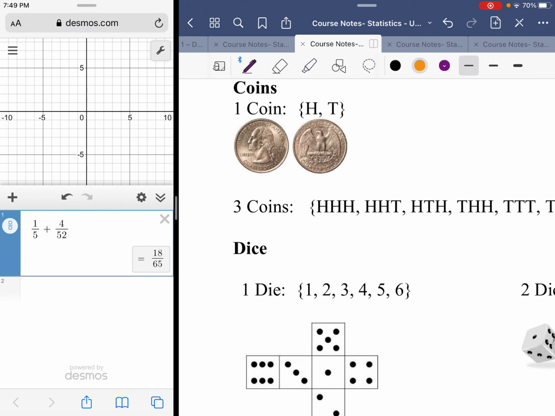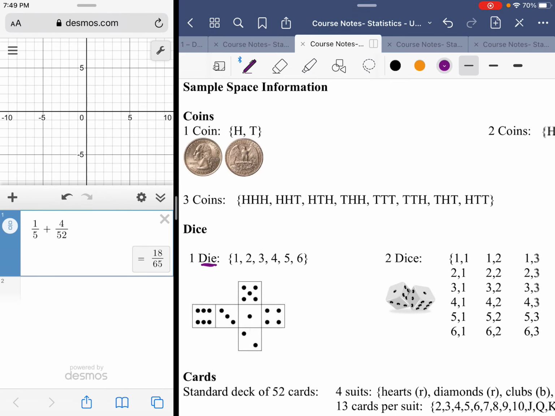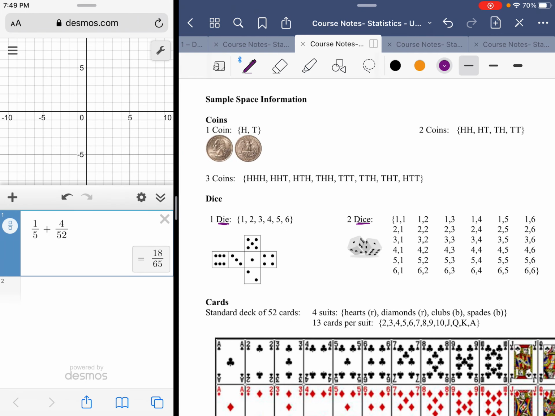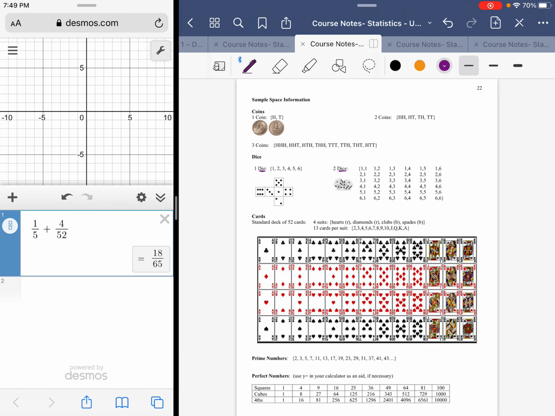I even screwed myself up on the whole plural of die. The singular is die, which sounds horrible, but the plural for die is dice. All right, so there you go, if you didn't know.